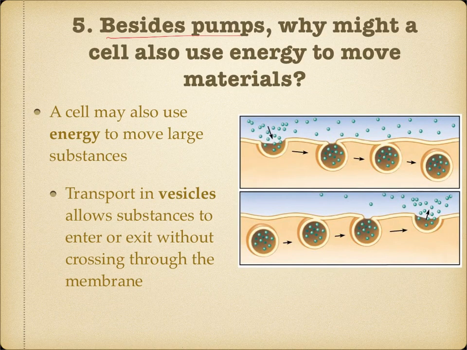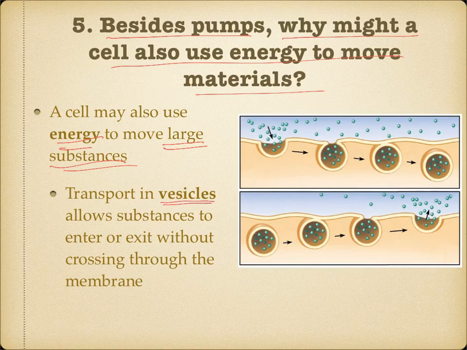Besides cell membrane pumps, a cell might also use energy to move materials in or out of the cell if those substances are very large. It's going to require energy, and the transport in or out of the cell will be through these membrane-bound sacs or vesicles, which allow substances to enter or exit the cell without going through the membrane because they're composed of the same material as the cell membrane.